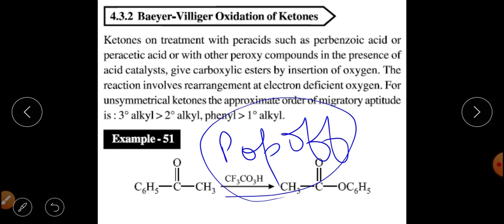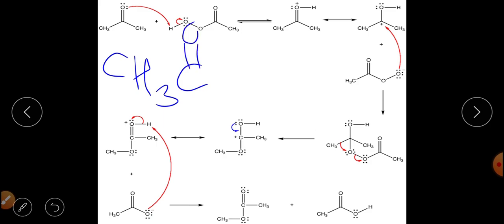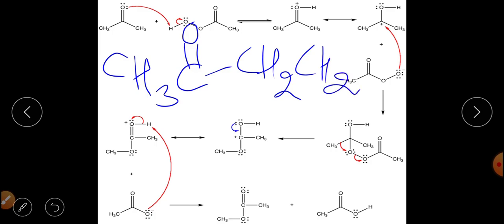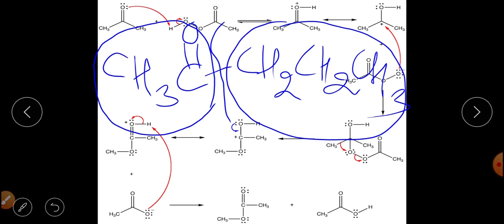For example, if we have this particular ketone, CH3, C double bond O, CH2, CH2 and CH3, this bond will be broken down during oxidation with a strong oxidizing agent, and this keto group will come with the smaller group, and the smaller group is the CH3 group. So one acid will be synthesized from this moiety and the second acid will be synthesized from the other moiety.